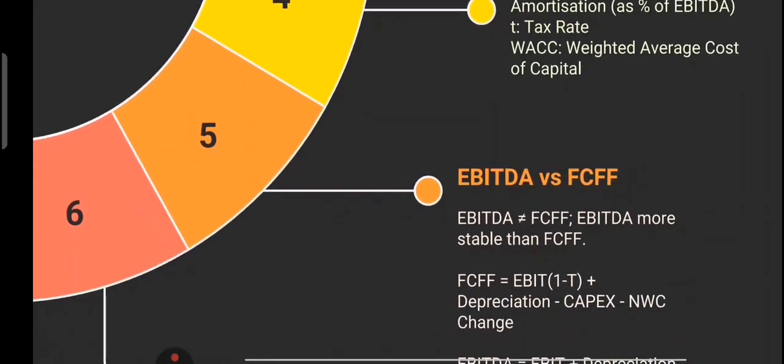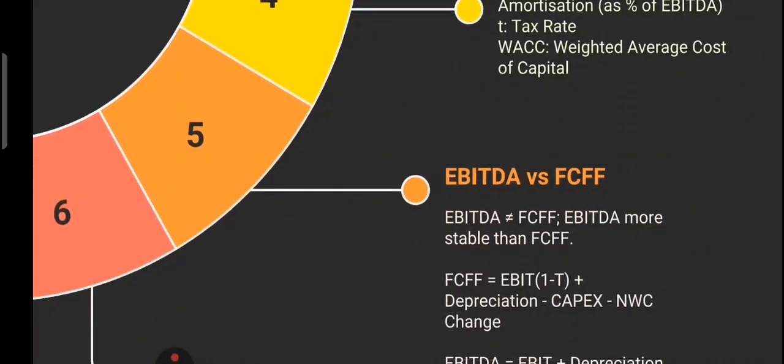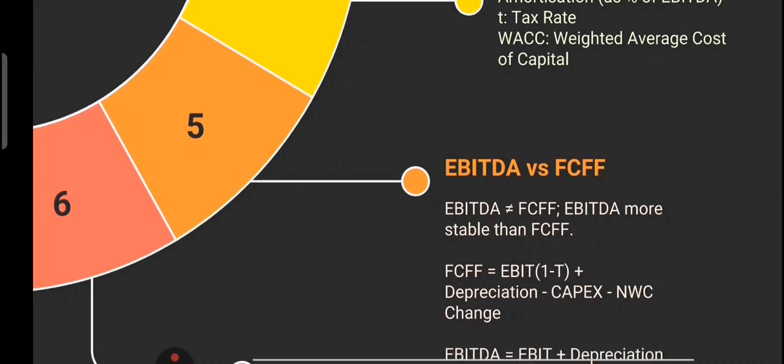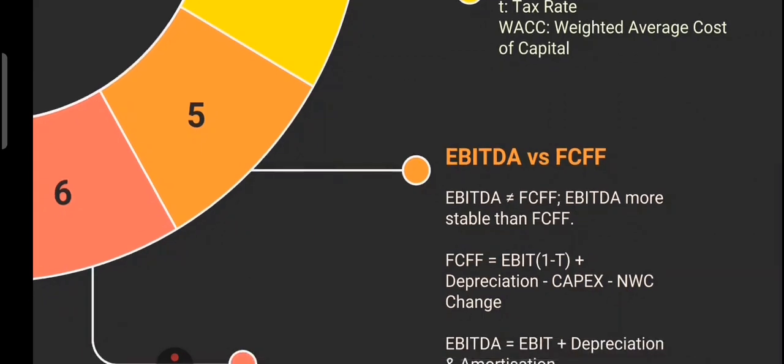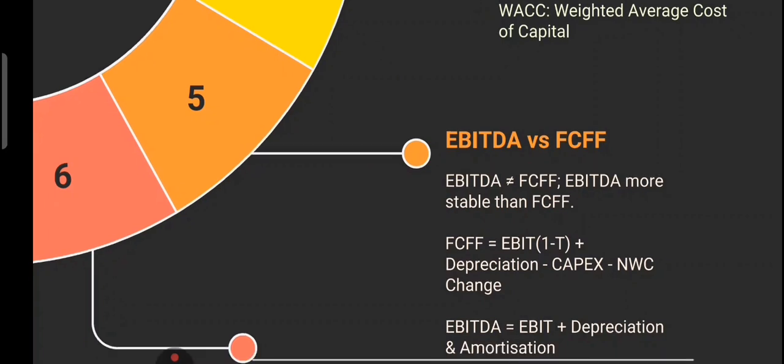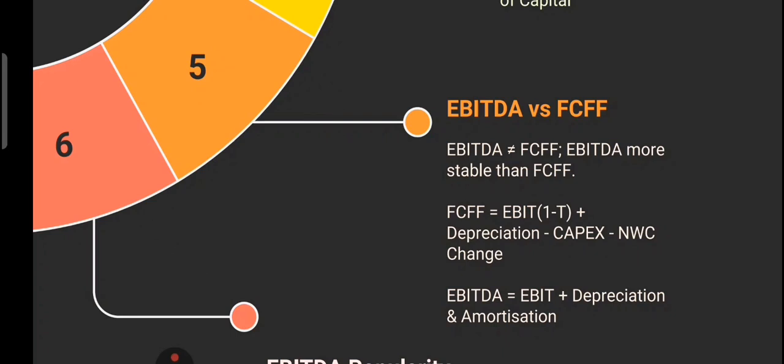If you compare EBITDA versus FCFF, free cash flow to the firm, EBITDA is close to FCFF, but EBITDA is more stable and easier to compare across companies, especially mature ones. In that case EBITDA is more stable and easier to compare across.